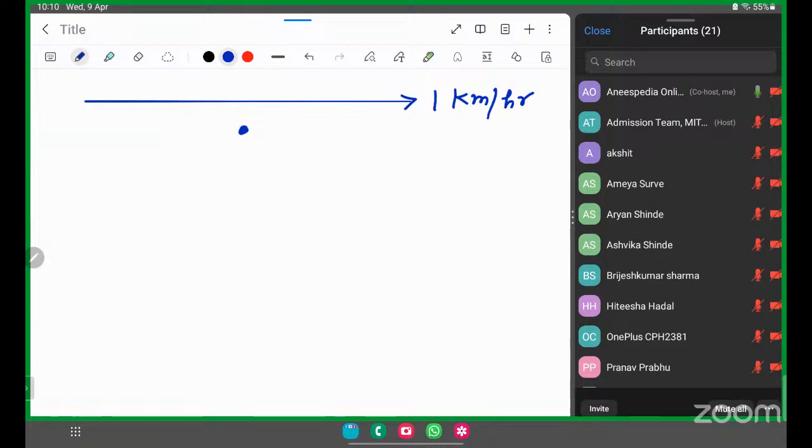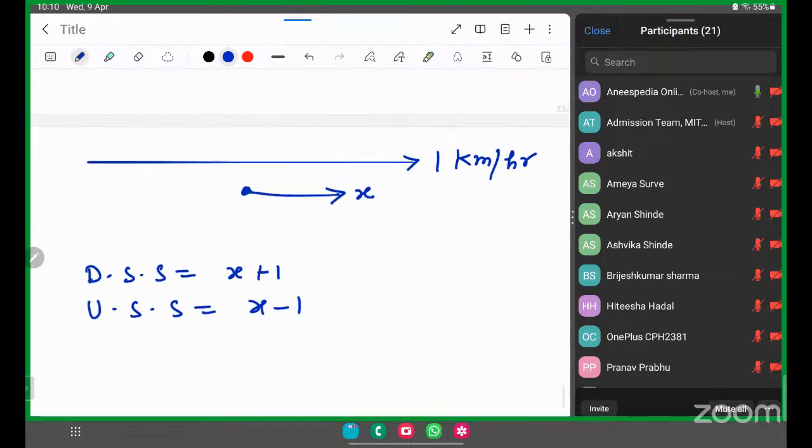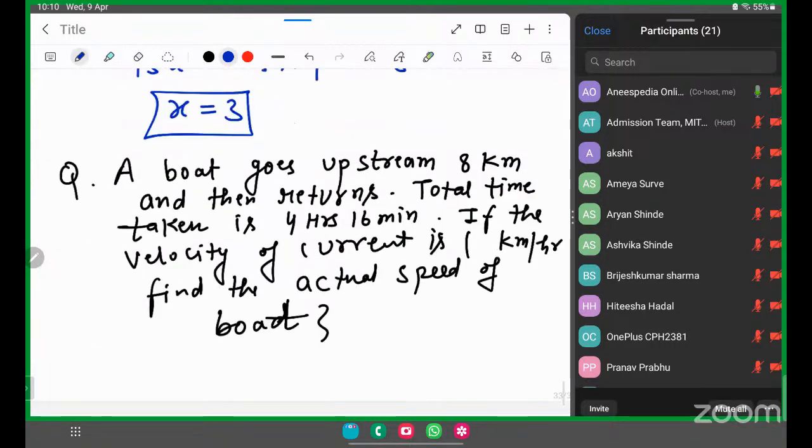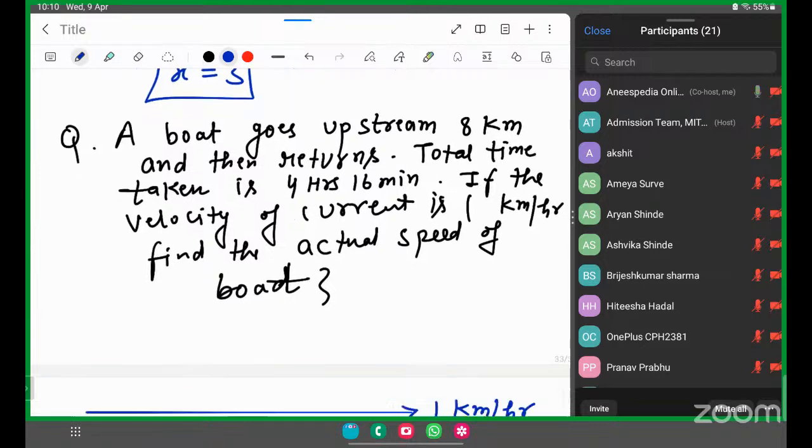Let's say its speed is x. So in this case, downstream speed will be x plus 1 and upstream speed will be x minus 1. According to the question, this boat goes 8 kilometer upstream and then comes back to the original location, and in this journey 4 hours and 16 minutes is taken. What will be the speed of the boat?